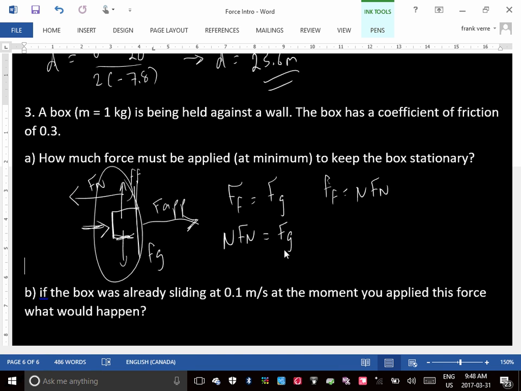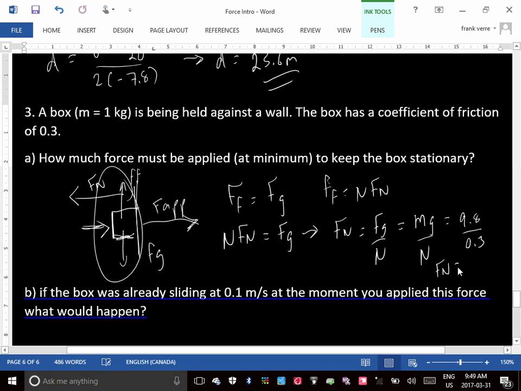It's mu. So we could rearrange and say Fn equals Fg over mu, right? Normal force is equal to the weight over mu. The weight is mg over mu. So what's 1 times 9.8? That's 9.8 over 0.3. So that means Fn has to be what?